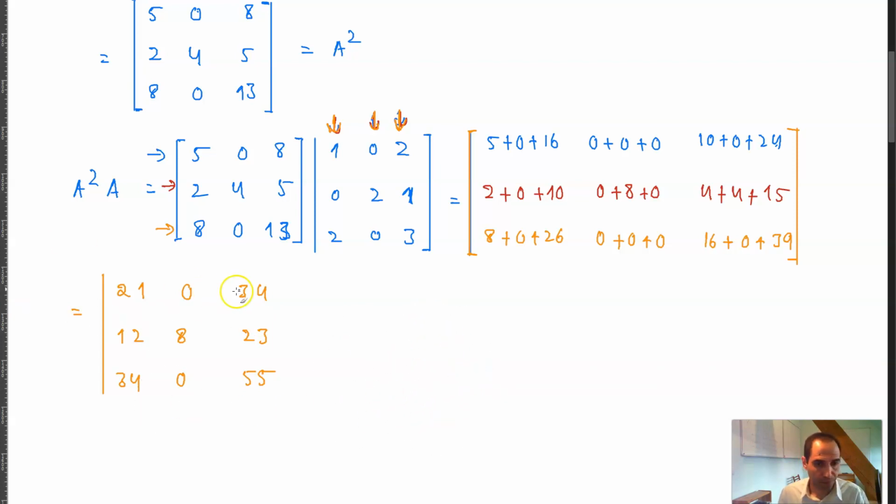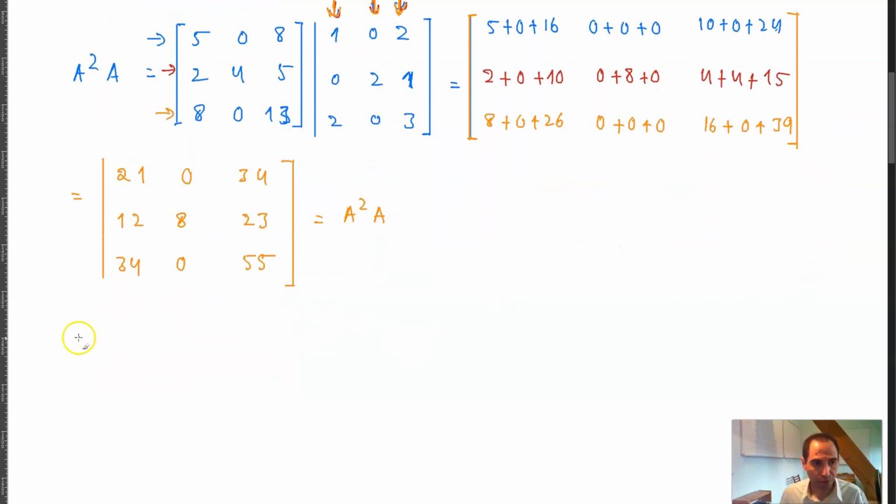Okay, so that is the matrix that we have, and that is the same thing as A squared times A. Now, what is A times A squared?